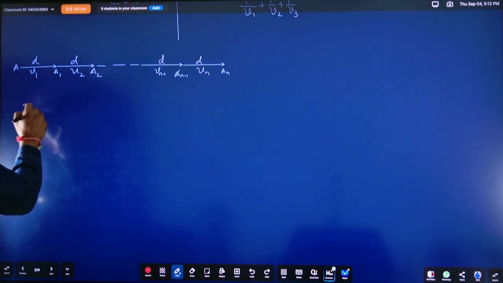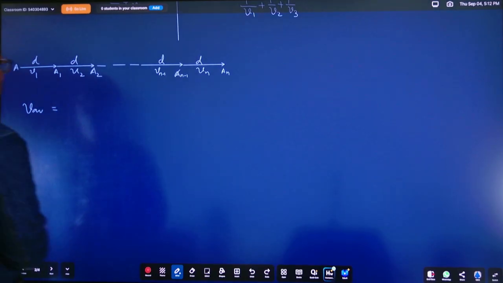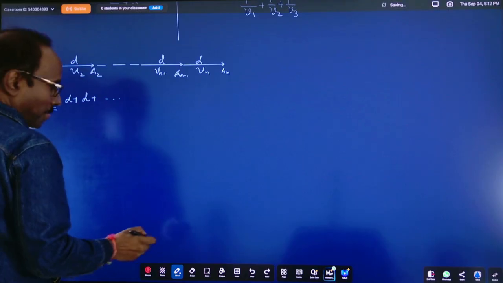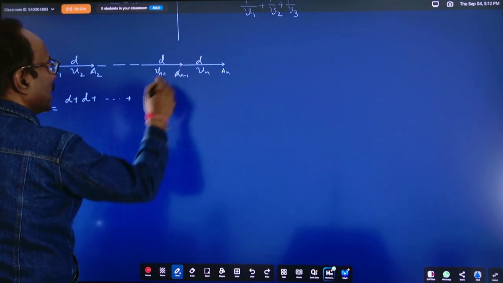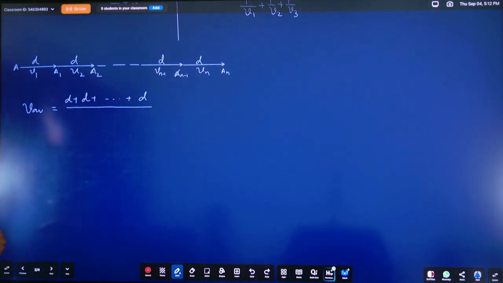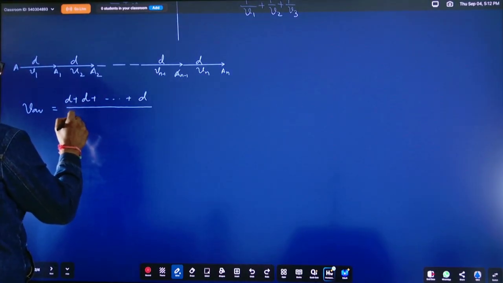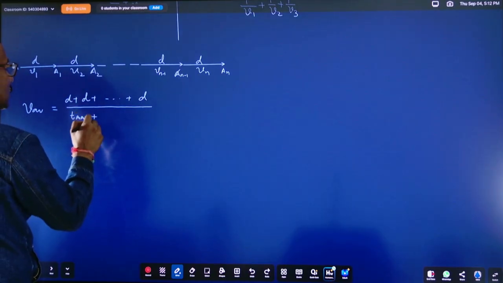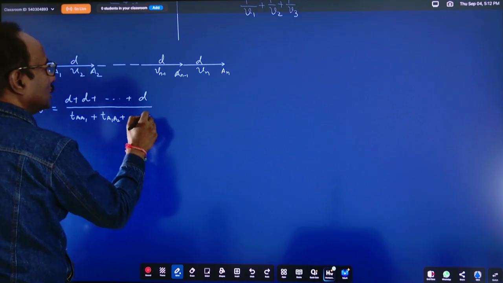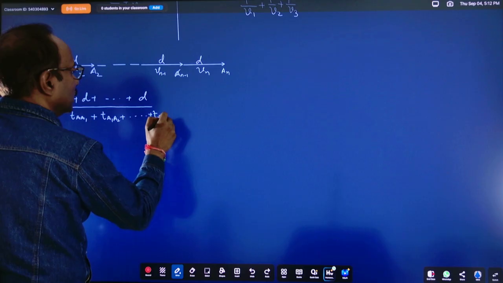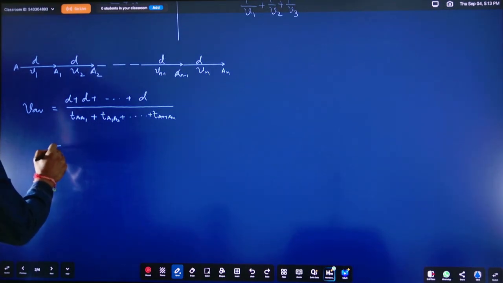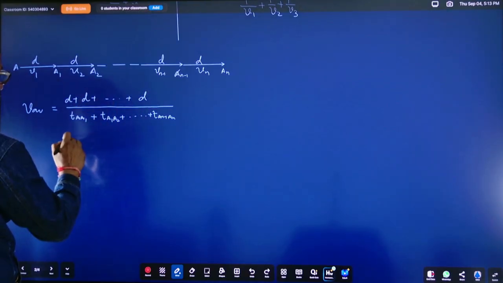So your average velocity will be total distance, D plus D plus D, n times, so it is n into D, divided by T A A1, A1 A2 and so on till T An minus 1 An.